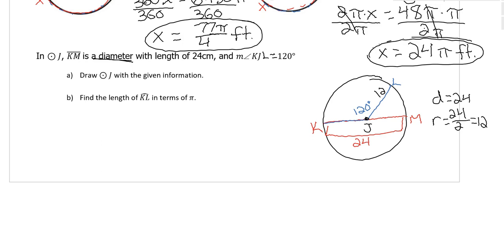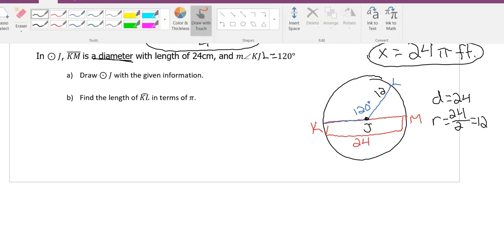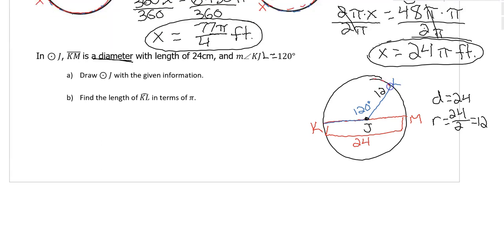Done. Now I can find the length of that arc. It's just like what we did before. I'm finding the length of this arc, x, over my angle, which is 120 degrees, equals the whole circumference of my circle. Circumference again is 2 pi times r, r I know is 12, over my whole circle, which is 360 degrees.